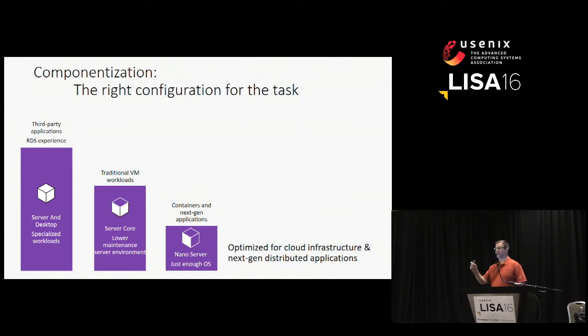We call this NanoServer. NanoServer, version 1 of NanoServer, focuses in on 2 scenarios. Number 1 scenario, cloud OS infrastructure. Clustered hypervisor, clustered storage, and some network roles, but primarily clustered Hyper-V and storage. The next is focused in on born in the cloud applications, right?